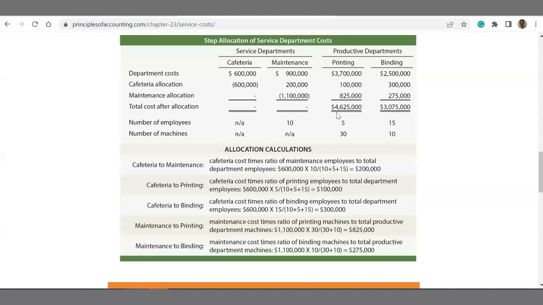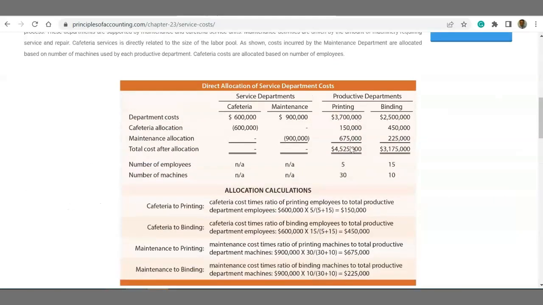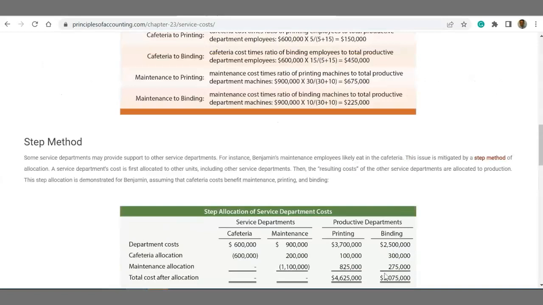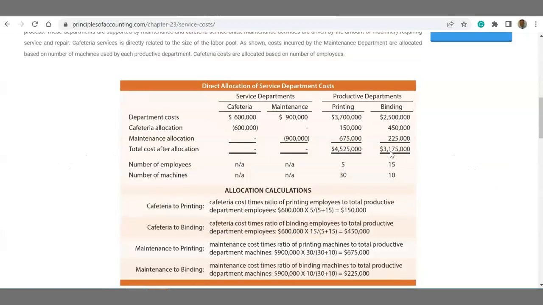And then you can compare, you see the printing now, the total cost ends up to be 5.625, which before was 5.525. So it's $100,000 more cost into printing department, and binding under step method gets 3,075,000. Before was 3,175,000. So now binding gets less expenses, less cost.